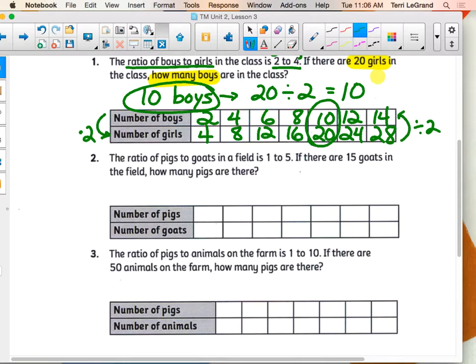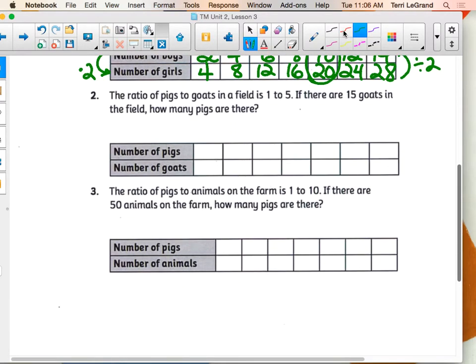Okay, let's try the pigs and goats one then. Ratio of pigs to goats. 1 to 5. 1 what? 1 pig, 5 goats.